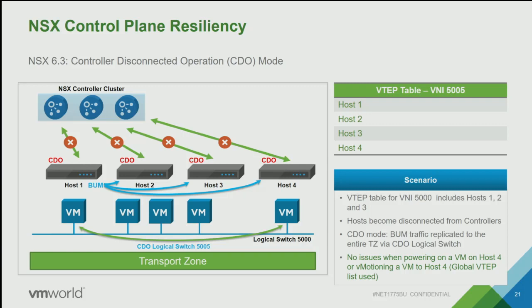So I guess it follows the same logic as we add new hosts or new DLRs. It's basically just going to bring up a logical switch. We're not going to be able to add DLRs and edges. You do not have the controllers to pass that information to. So major changes, you're going to wait until the controllers are back up and connected.